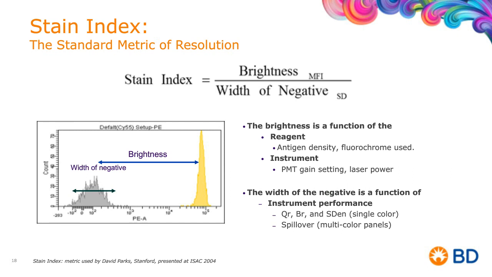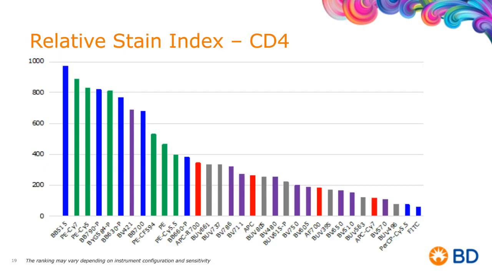Translate that stain index into figures like this. This was an experiment that was run on a BD FACSymphony. And it tells a story of colors. There are many different things that we can look at here, but to point out just maybe one of them: the brightest of all these dyes on this instrument. And again, we should run this same type of experiment on every instrument we have.